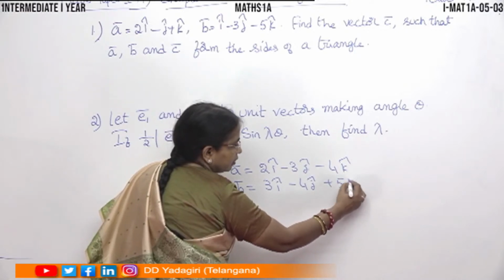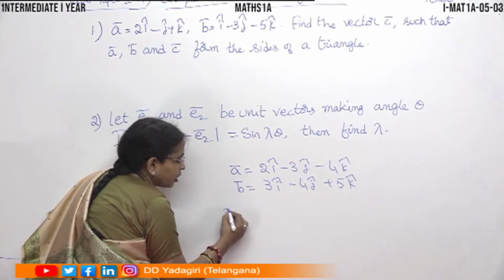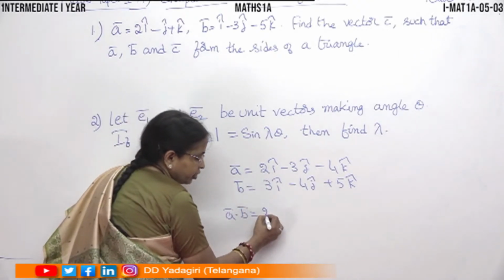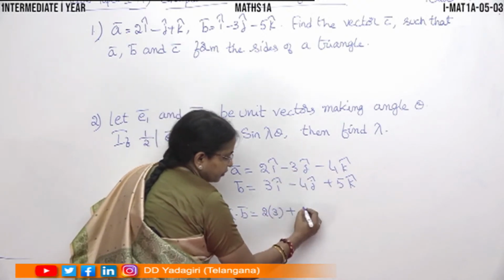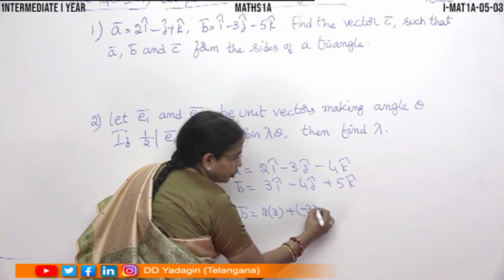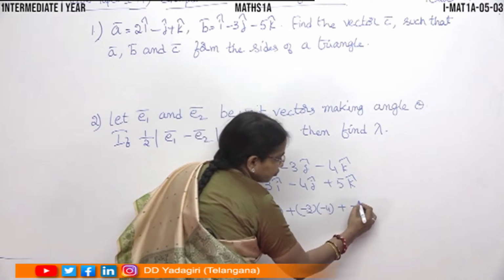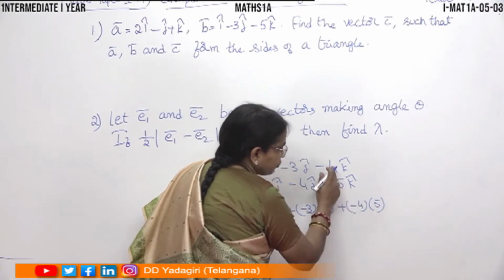A and B are two vectors. Then A dot B is just multiply I coefficients, 2 into 3, plus multiply J coefficients, minus 3 into minus 4, and then plus minus 4 into 5.